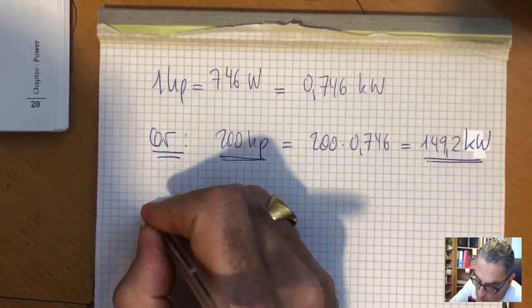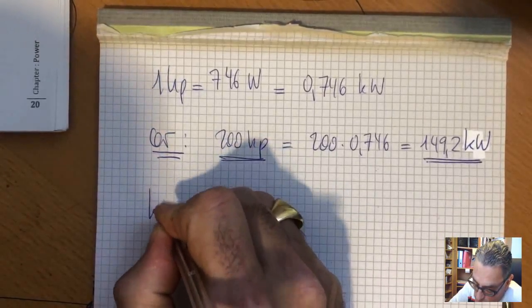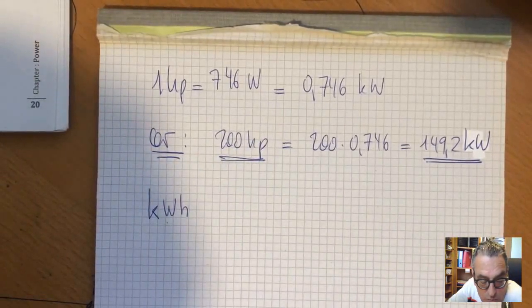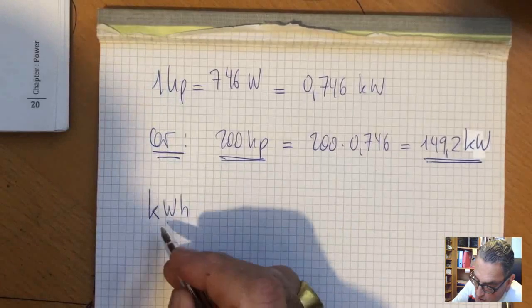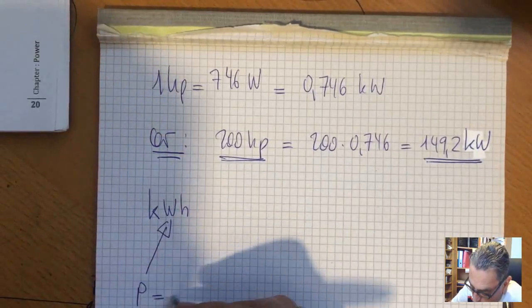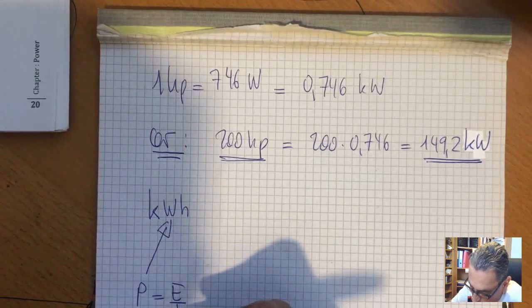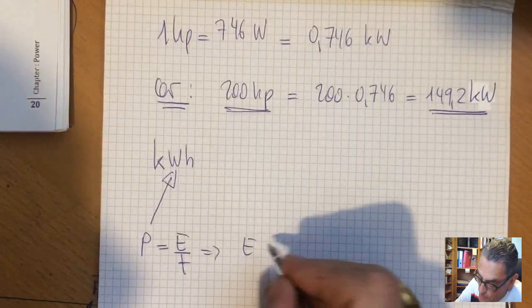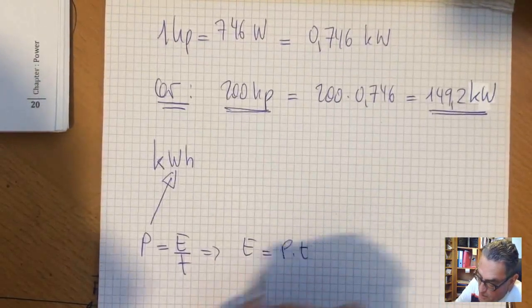Okay. Now we have another unit of energy which I want to explain to you, which is the kilowatt hour. The kilowatt hour, how can you understand that? We saw that the power is the energy divided by the time. This means that energy is equal to power times time.